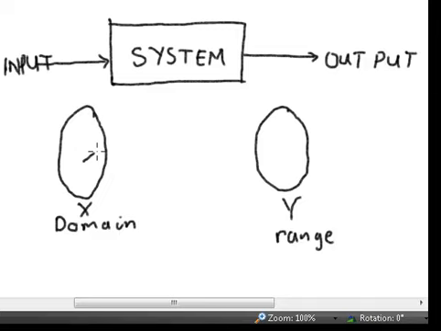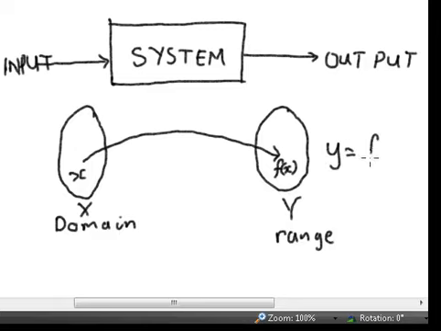Then we draw schematically like that to show that we've got x here, and the outputs here, f of x. As you see now, there are two sets involved, x and y. So there are two variables involved. In this case, y is equal to f of x.